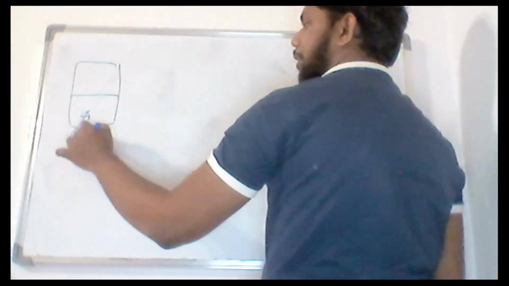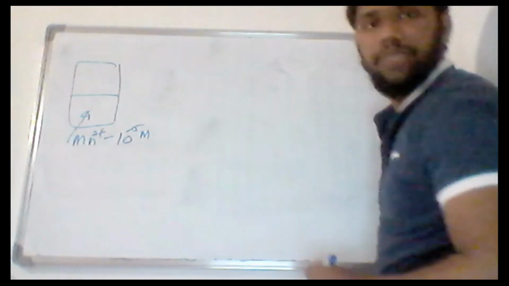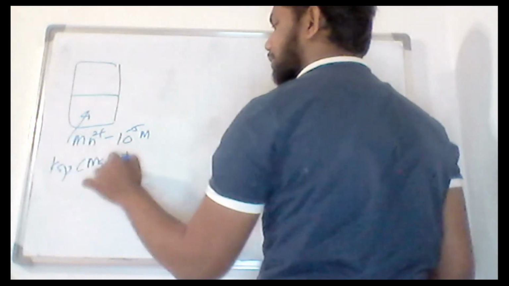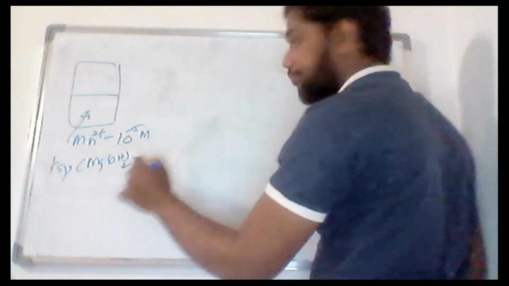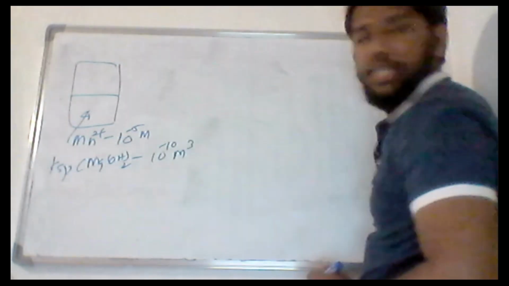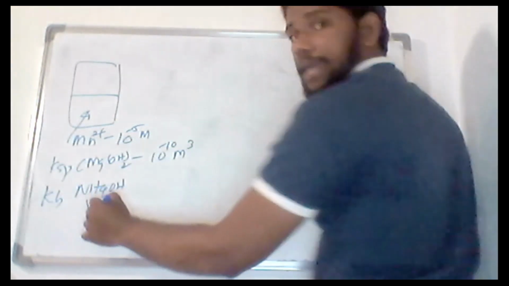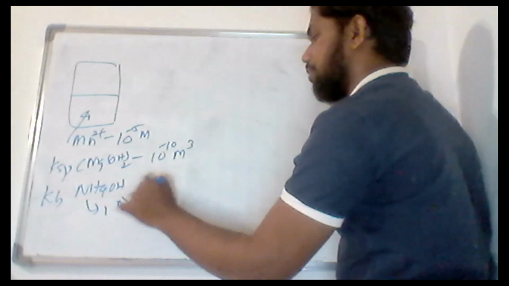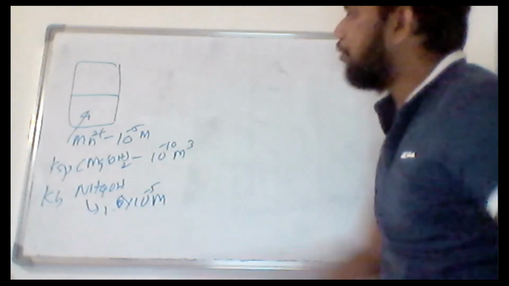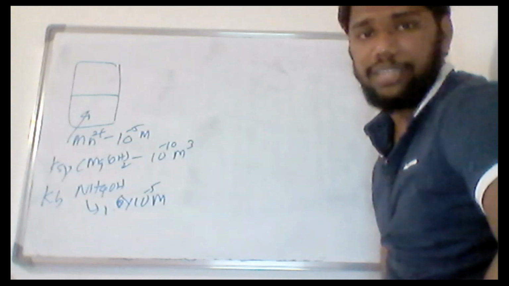Here the Mn2+ concentration is given as 10 to the power -5 M. And they have given the Ksp of Mg(OH)2 as 10 to the power -10 M cubed, and they are talking about the Kb of NH4OH as 1.6 times 10 to the power -5 mol dm^-3.